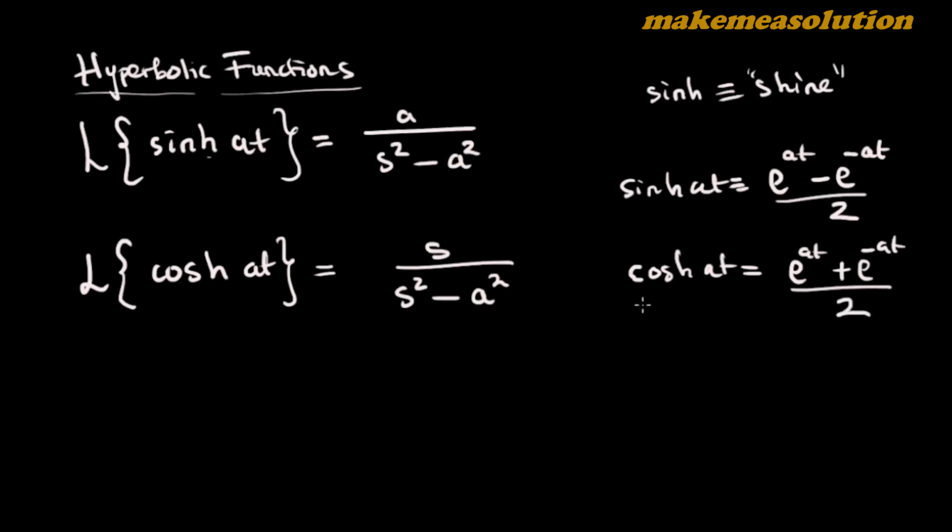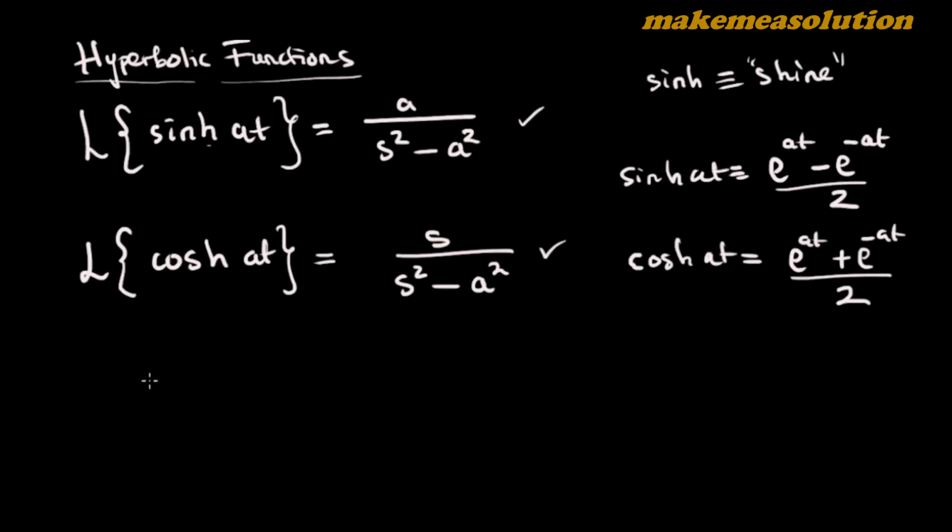Using the same steps that I used to prove for sine and cos, I want you to follow the same steps and prove that the Laplace transforms for sinh at and cosh at are respectively this and this. Now let's go to the final one for this video, which is the Laplace transform for derivatives.